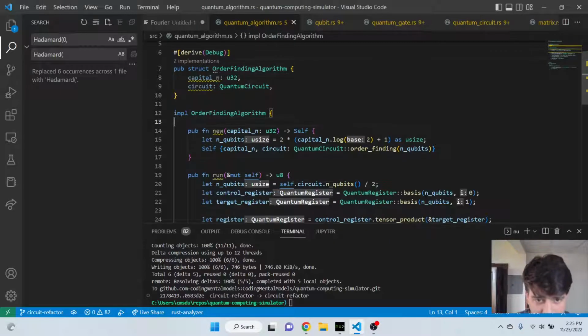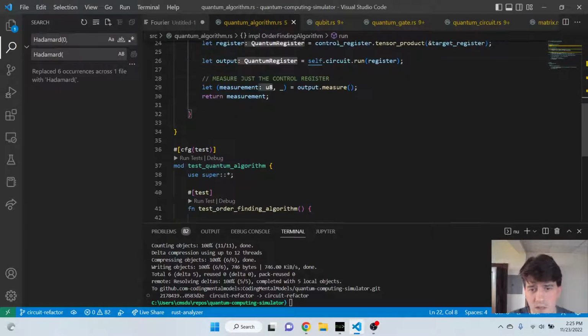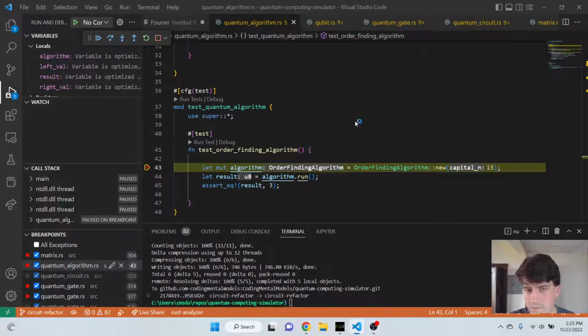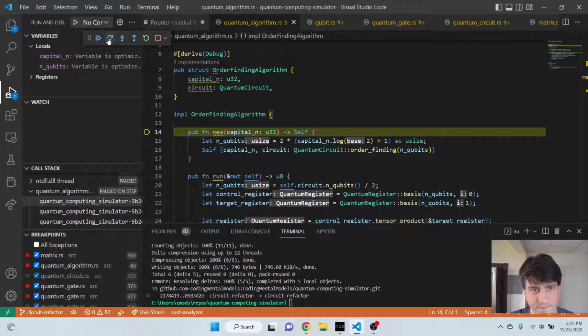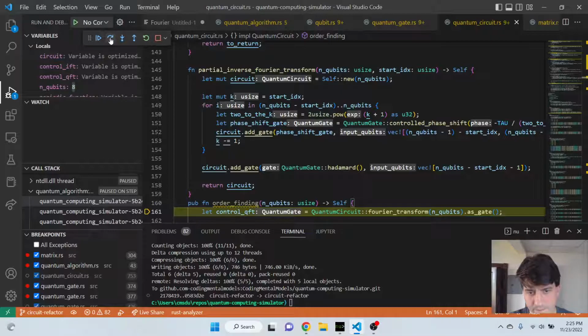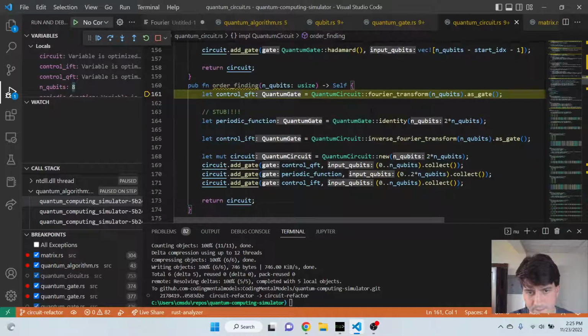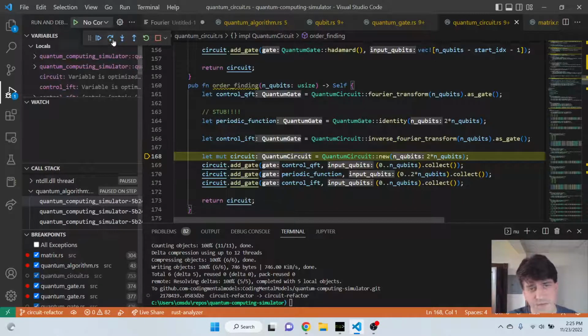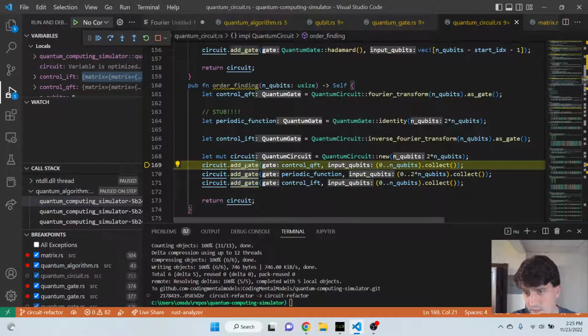I can't help myself. I'm going to just step through this one time before we go. Step. All of this works fine. Why is that inverse Fourier transform so slow? Didn't I just optimize the hell out of it?